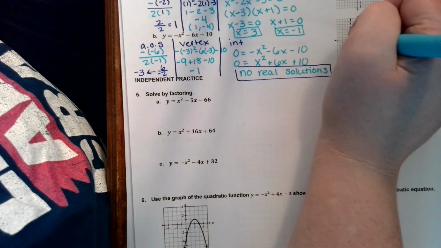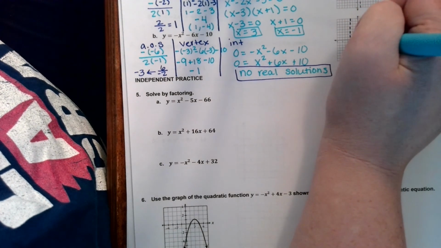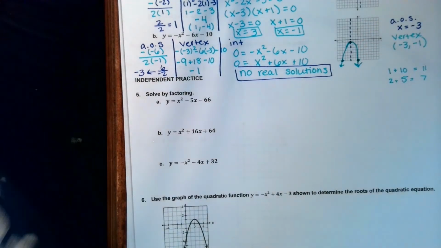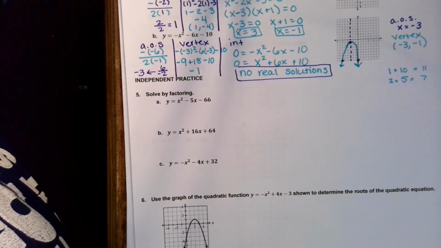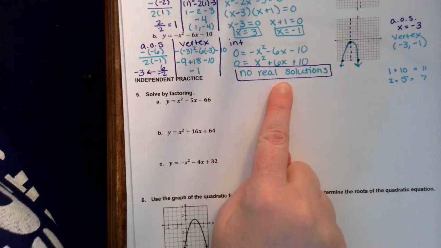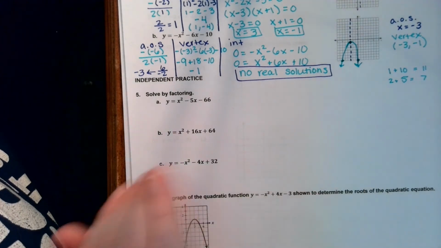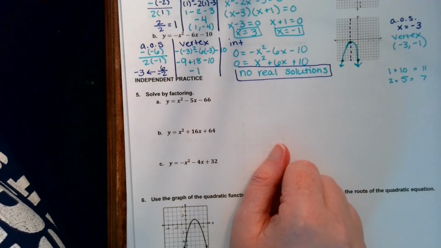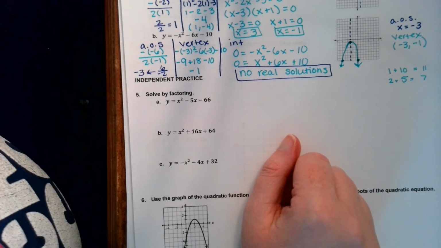I can round this out and make it a quadratic. It's not a very pretty one, but boom, it's graphed. So this one has no real solutions. That's really important. It does have 2 imaginary solutions, but we're not going to get into that this time around. We'll probably get into that next lesson.